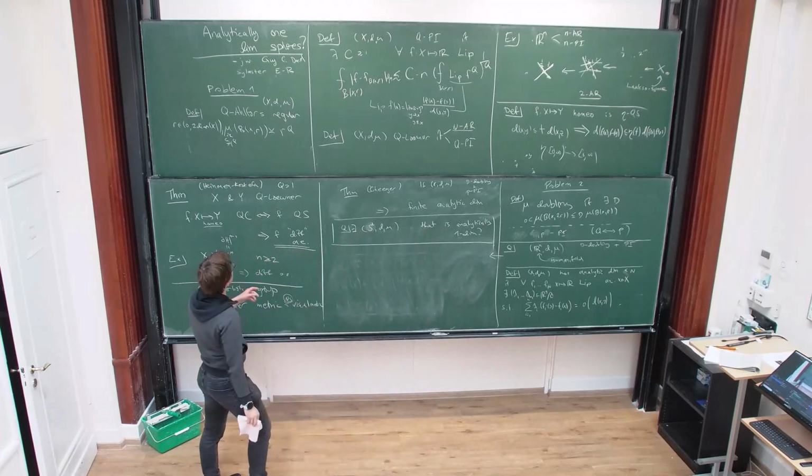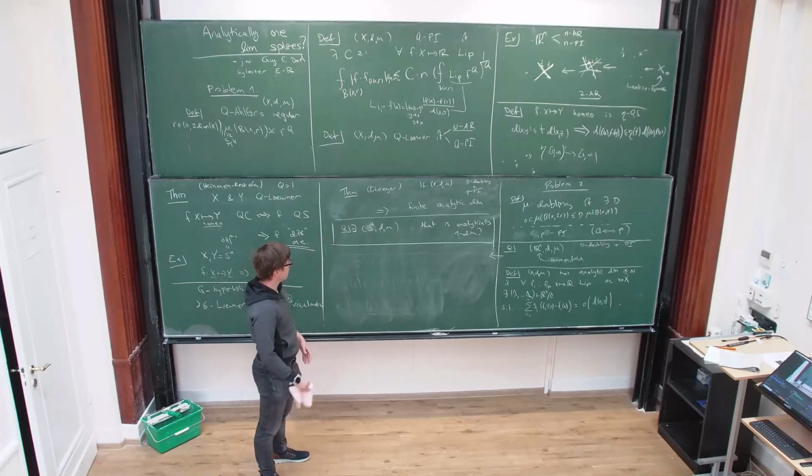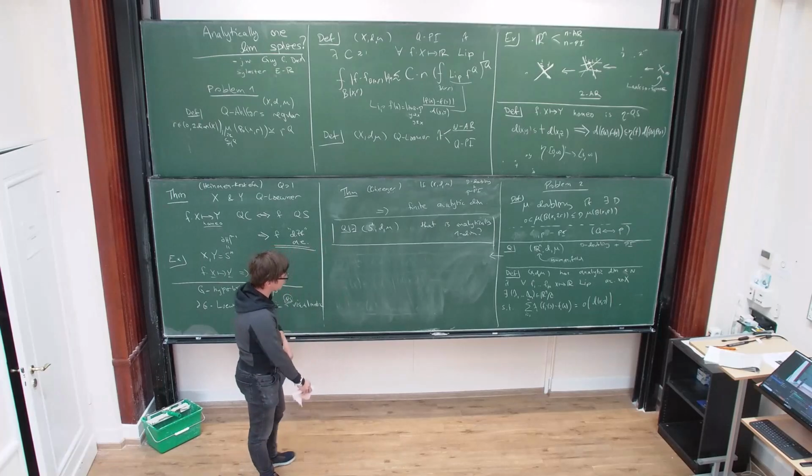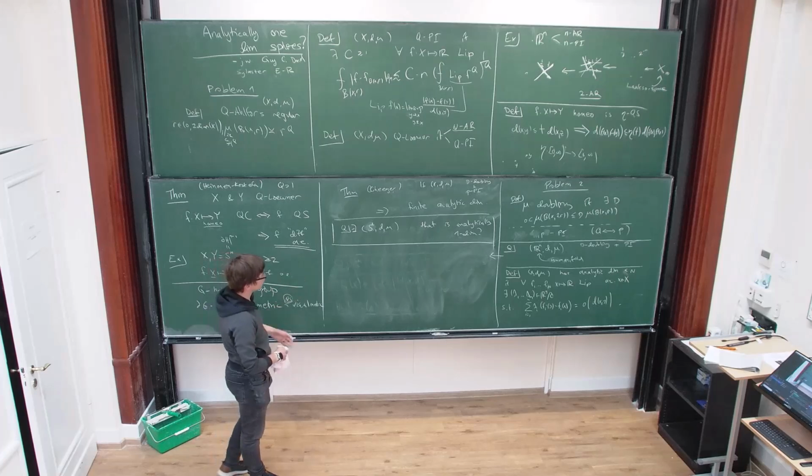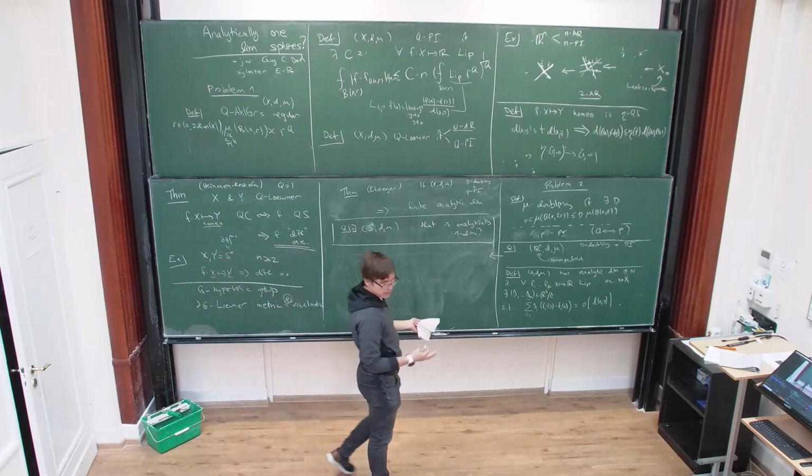Well, I raised my other question, but this question and the question of whether you have a quasi-symmetric metric in your conformal gauge, these two things don't seem to have anything in common directly.